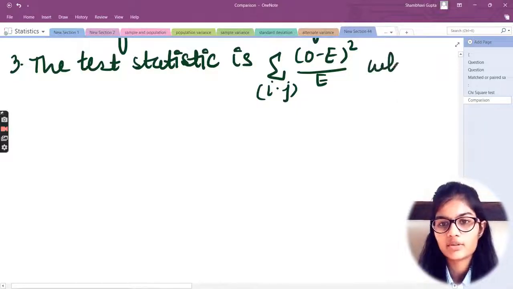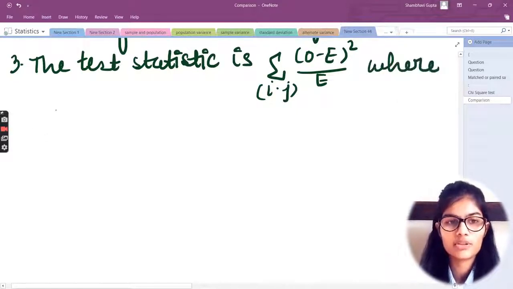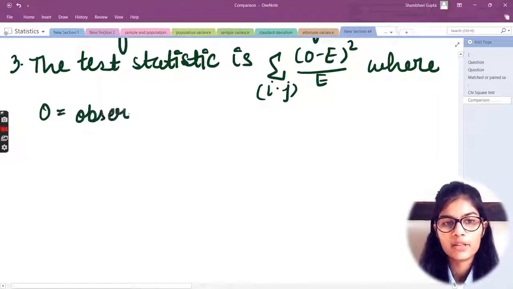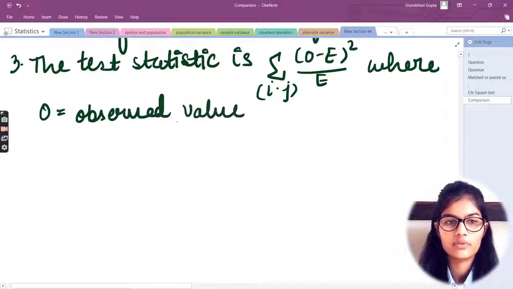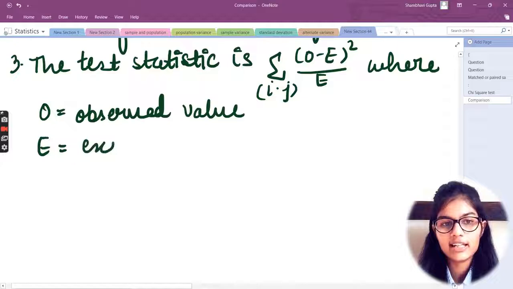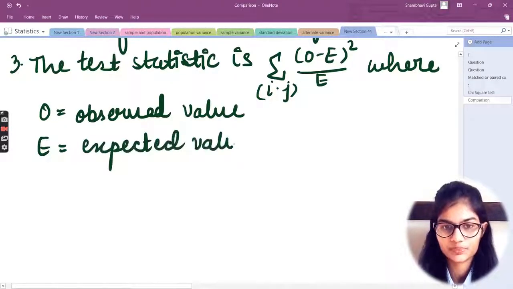Now, what are all these notations which I put? O is the observed value. E is the expected value. And what about the I and the J?